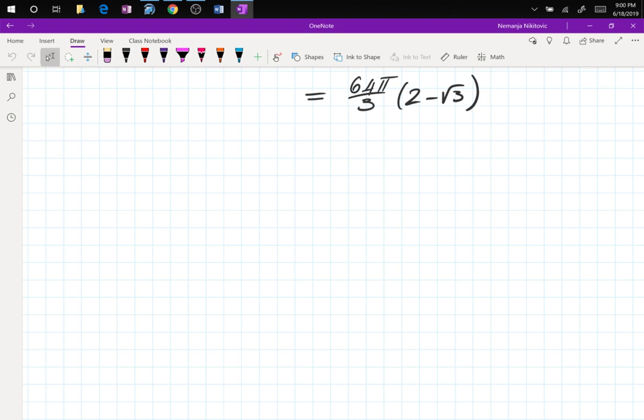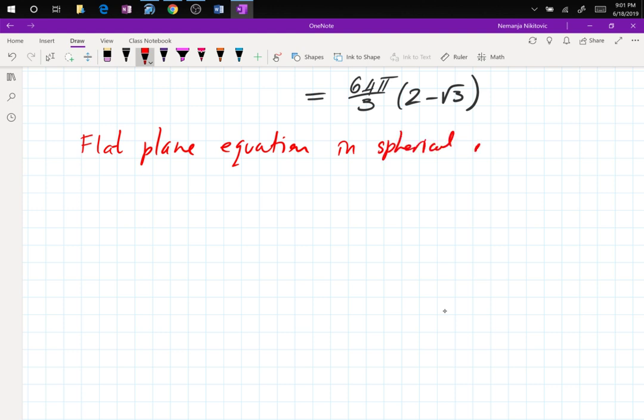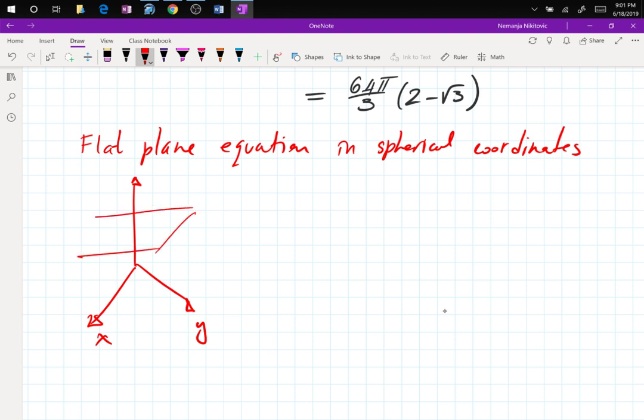So if you want the flat plane equation in spherical coordinates, which obviously looks like x, y, z, we're just going to have a plane over here that is going through the value on the z-axis, and that value is going to be called a.